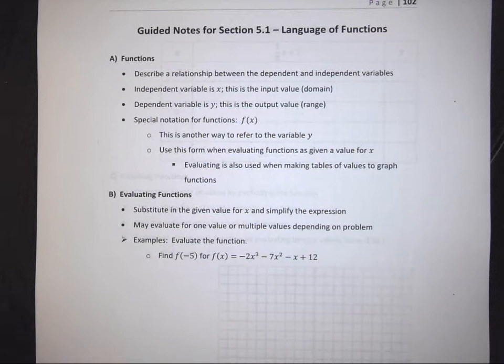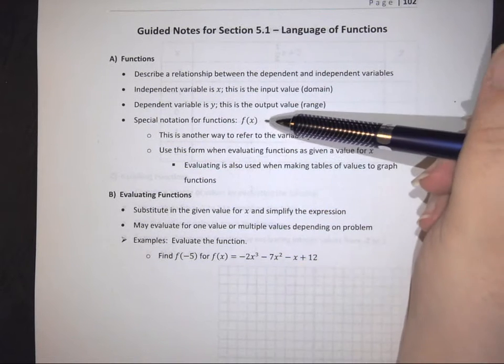The dependent variable, which is usually your y, is the variable that has to, quote, follow all the decisions or rules. So we call that the output value, which usually gives you the range. Now when we talk about functions, we are talking about equations, where instead of saying y equals, we use the term f of x, which is this special notation.